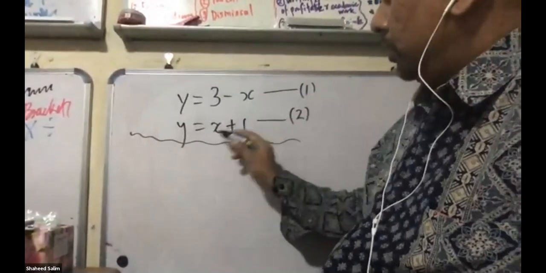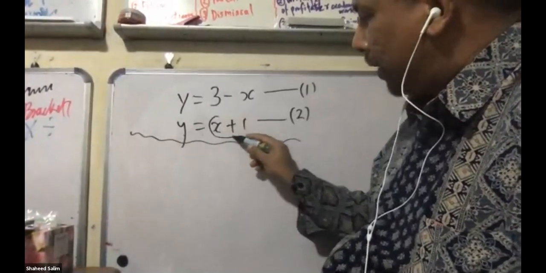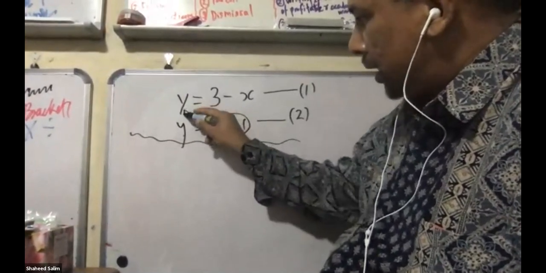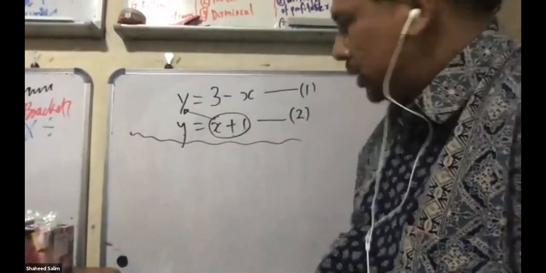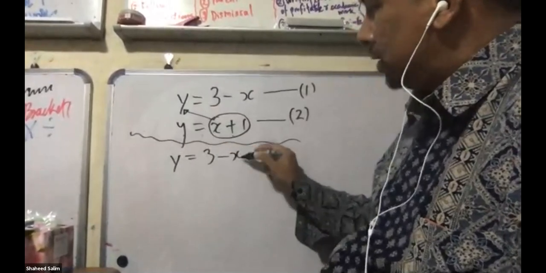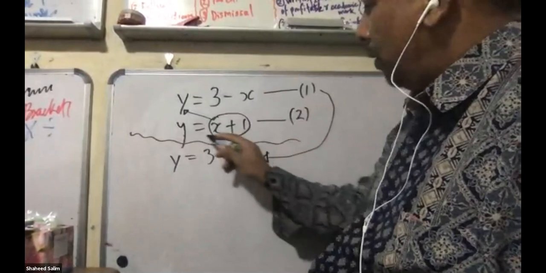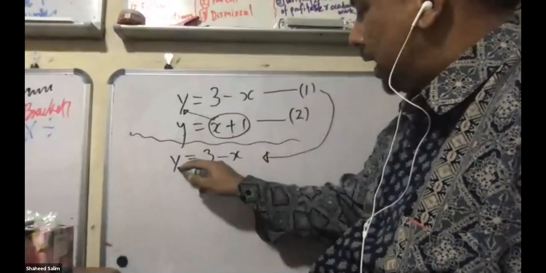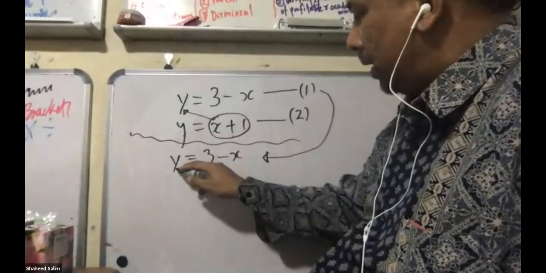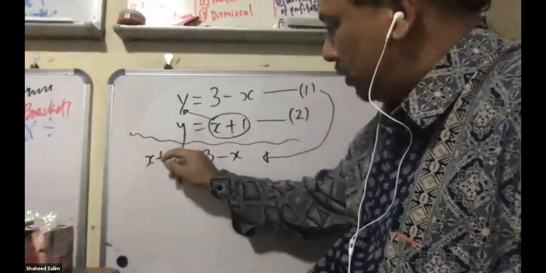Down here, you are told that y equals x plus 1. I can take this value and put it inside here. I put here y equals 3 minus x, the first one. Now I take this value of y because the other equation has y: y equals x plus 1, so I can put x plus 1 here.